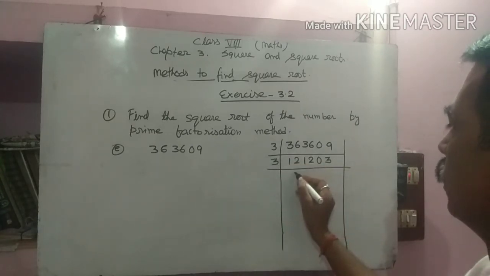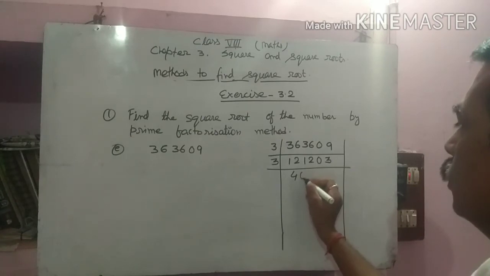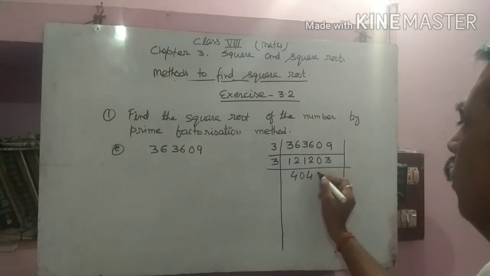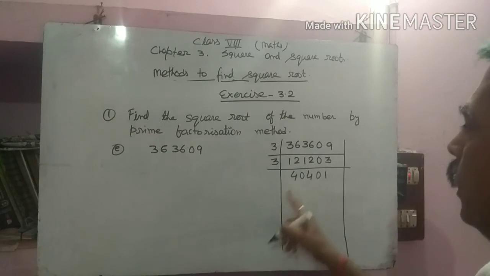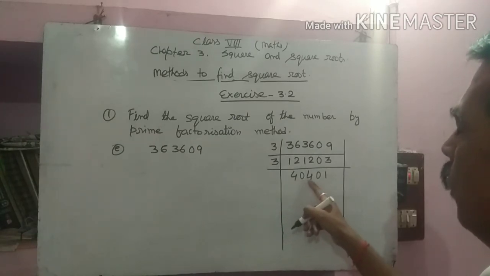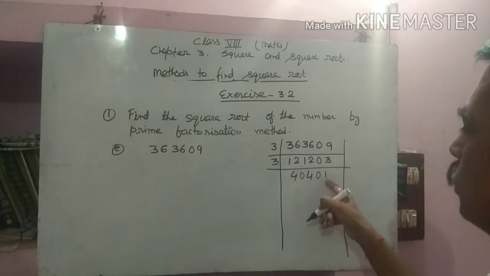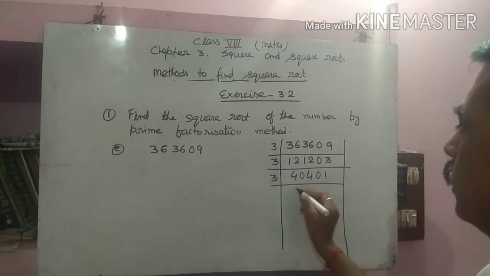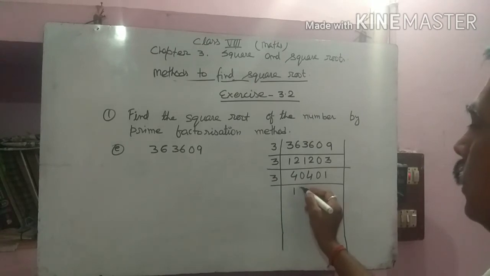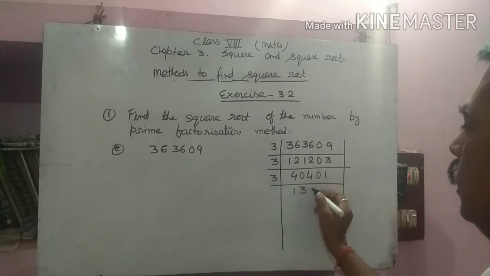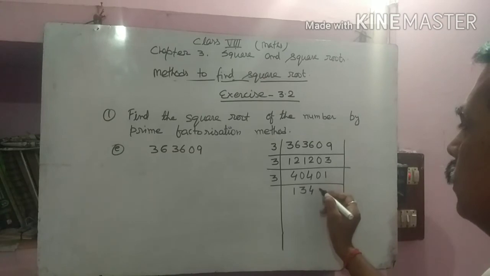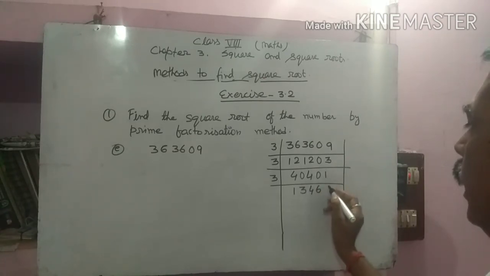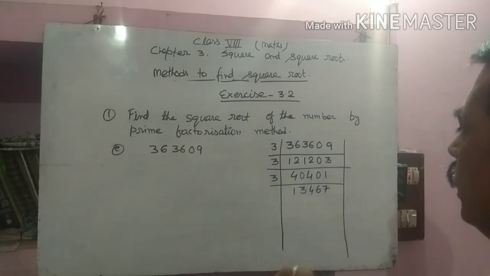So 3 4s are 12, 0, 3 4s are 12, 0, and 1. And 4 plus 0 plus 4 plus 0 plus 1 becomes 9. So this number is also divisible by 3. 3 1s are 3, 3 3s are 9, 3 4s are 12, 3 6s are 18, and 3 7s are 21.